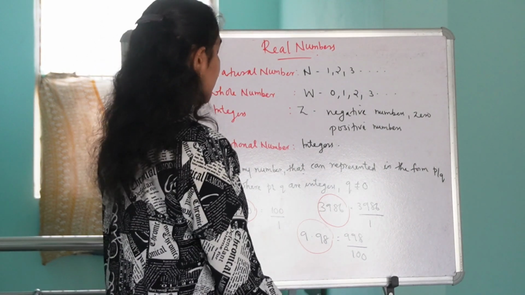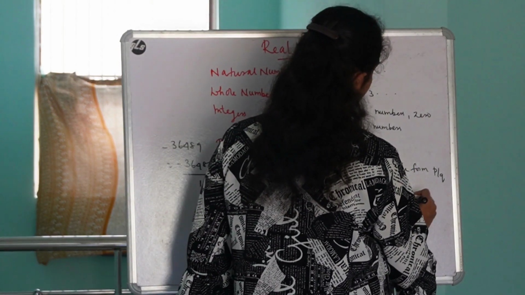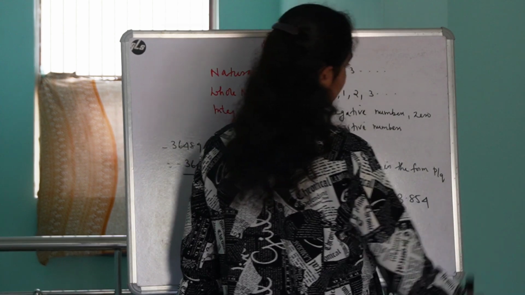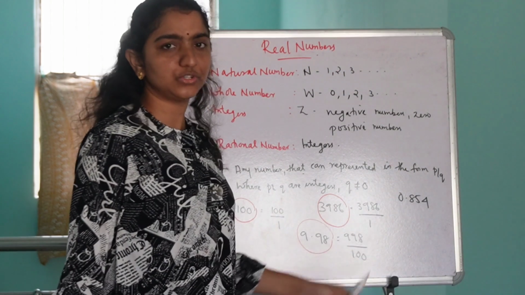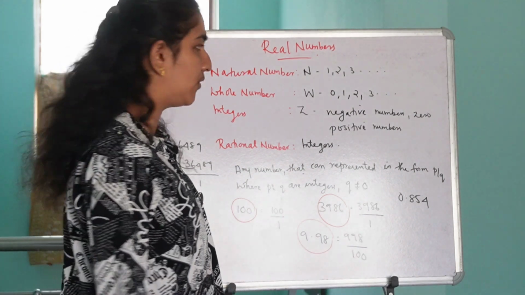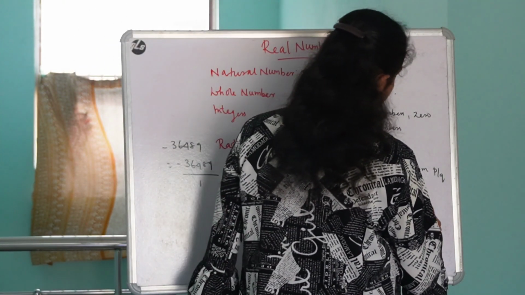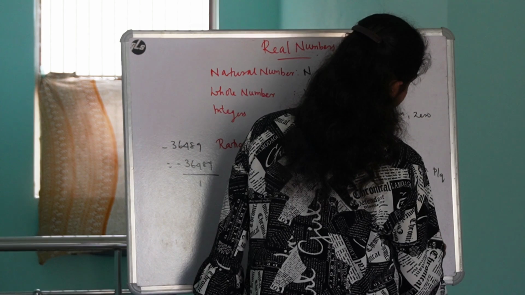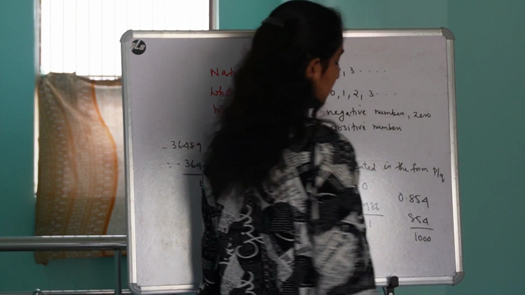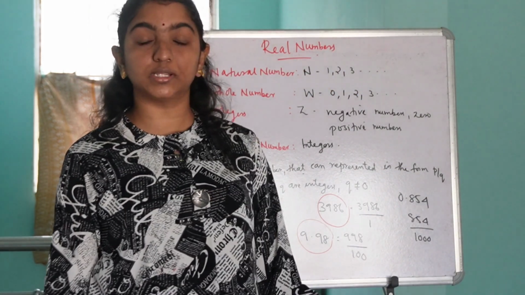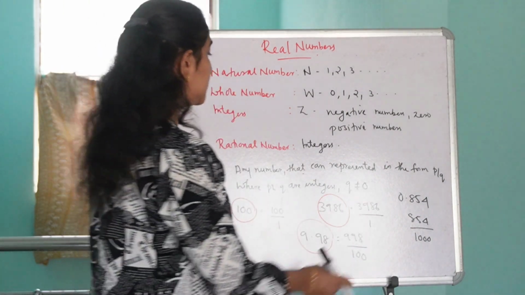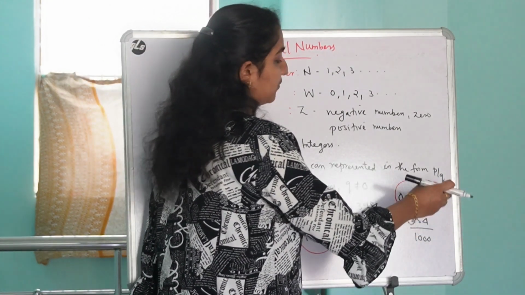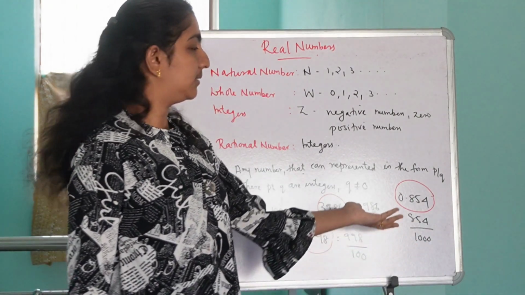Again, let's take another example, 0.854. Can we write this decimal number in the form p by q? Yes, we can write it as 854 divided by 1000, where 854 and 1000 are integers and 1000 is not equal to 0. So the given number 0.854 is also a rational number.